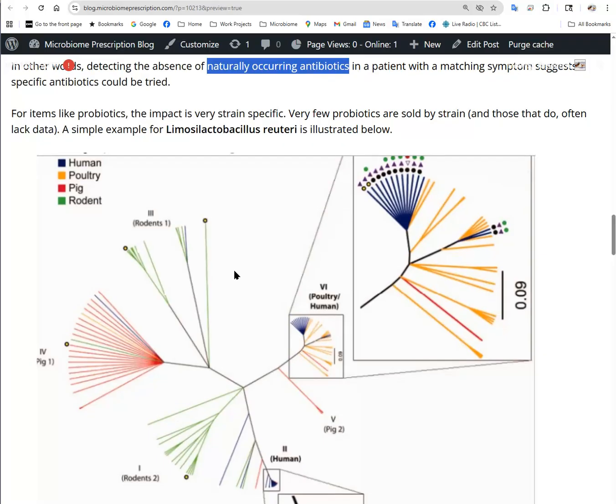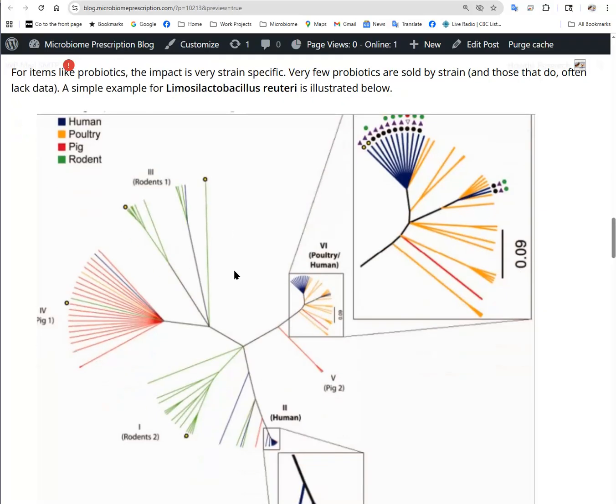Now you may say, okay, let's do the same approach with probiotics. There we run into a problem, because probiotics are generally sold at a species level, not a strain level, and even if you are lucky enough to get the strain, most of the time you won't find detail.